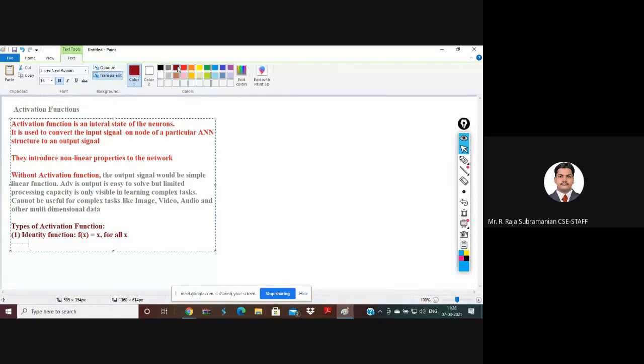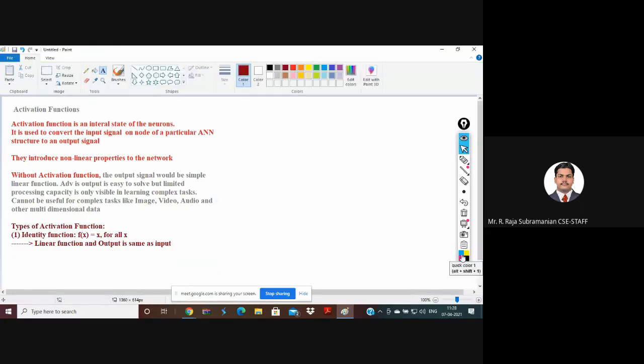So ultimately it is a linear function and the output is the same as the input. There is nothing more. What is the output? That will be the input also. If I want to draw the pattern for this, it will be like a straight line going on.